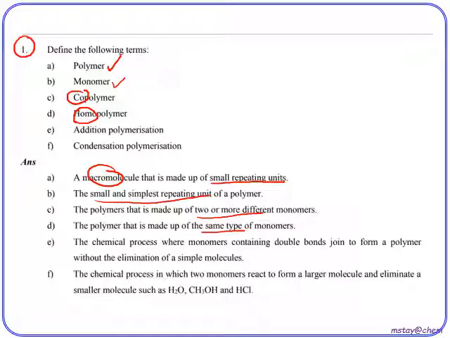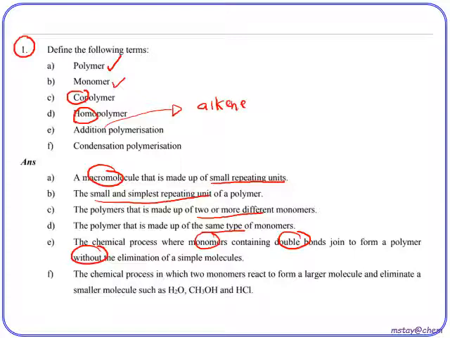Okay, to prepare the polymer, we have two types of reaction. Addition polymerization always involves monomers with a double bond, which means it involves the alkene chapter. The monomer, which is the alkene, will form a polymer without any elimination.